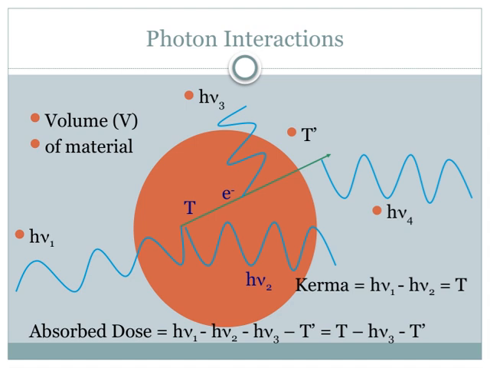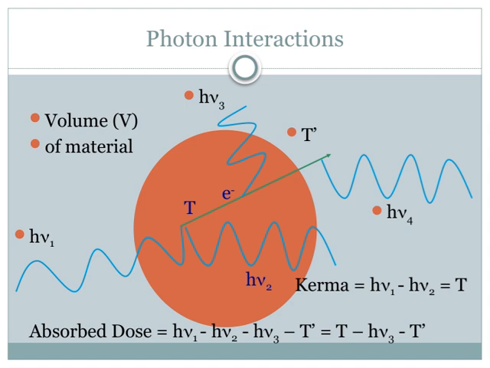Now, moving on to Kerma, which is a related but distinct concept. Kerma is defined simply as the difference between hν1 and hν2, which equals T. This tells us that Kerma measures the initial transfer of energy from photons to charged particles before any energy is actually deposited. Notice the role of T again here. It represents the energy remaining after some interactions, indicating that not all energy is immediately absorbed.